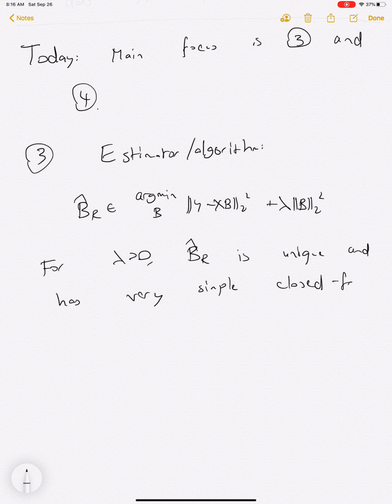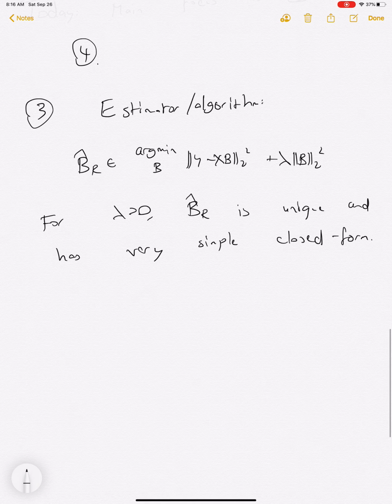So how can we kind of see that? What we can do is just differentiate and set to zero. And why is this true?